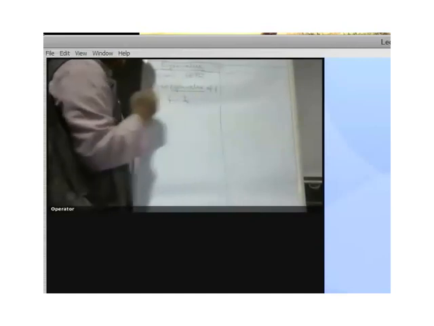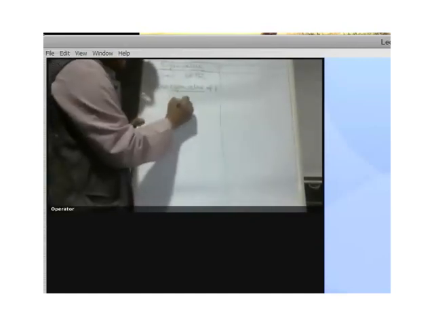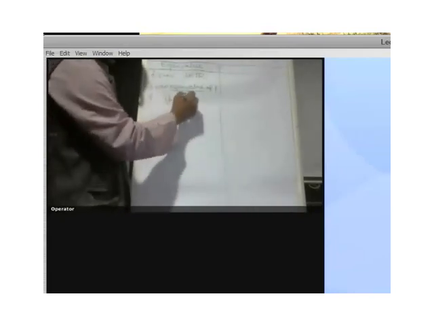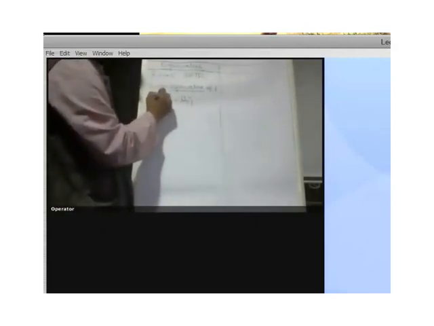Identity of V is also a linear transformation. Lambda times identity of V is also a linear transformation. We have seen this. And F minus this is a linear transformation.